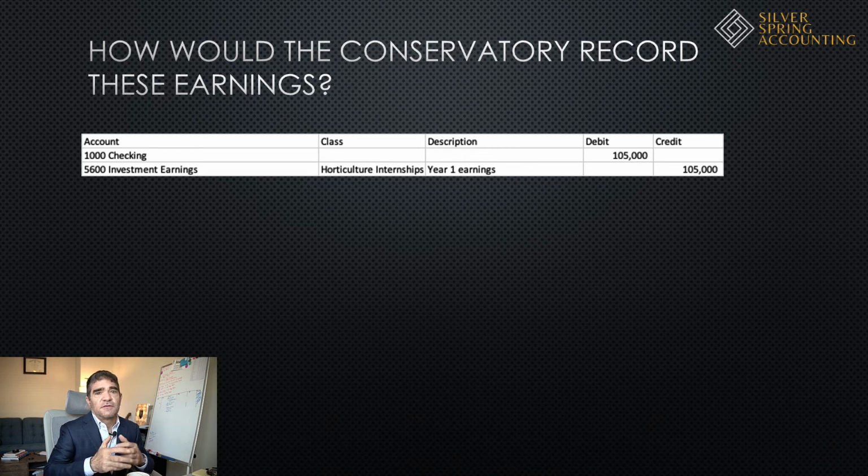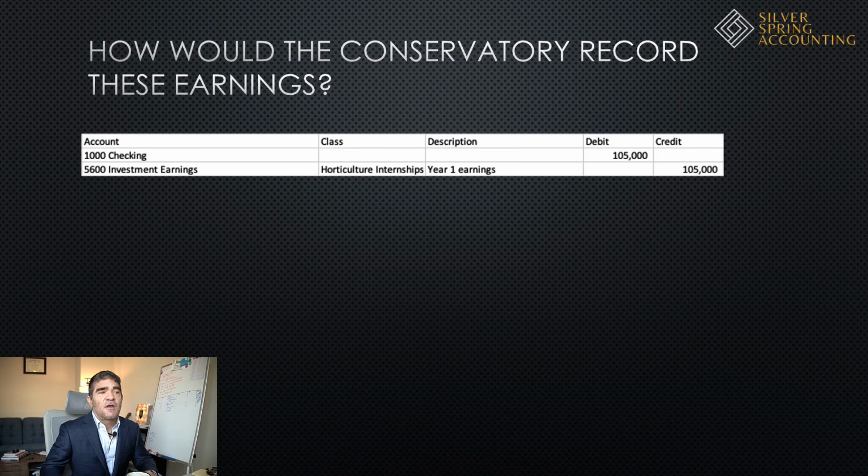So here we're assuming it's cash, it's not being reinvested because we're going to be able to use it, so we want to be able to take it out. So we record $105,000 as a debit to the checking account, and our investment earnings, we credit that for $105,000 to record that revenue. And we like to include a description of year 1 earnings.